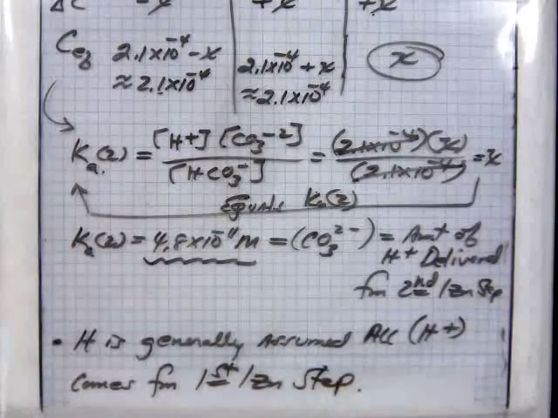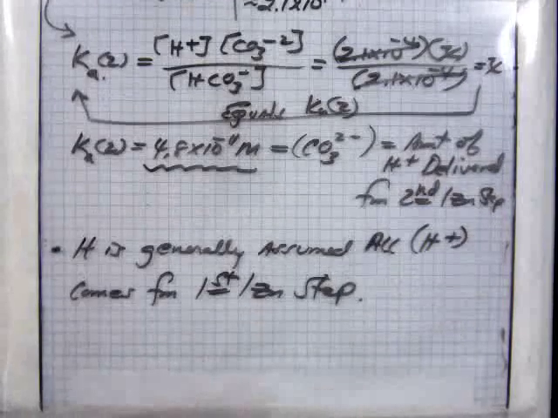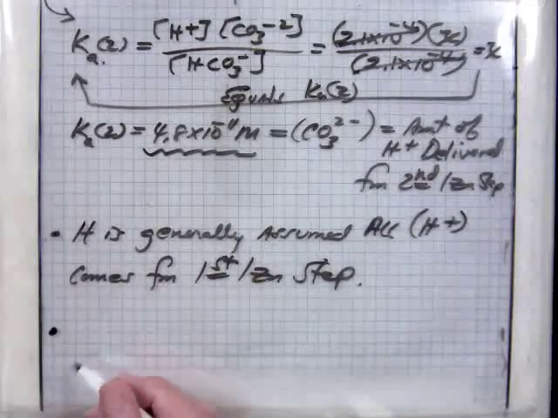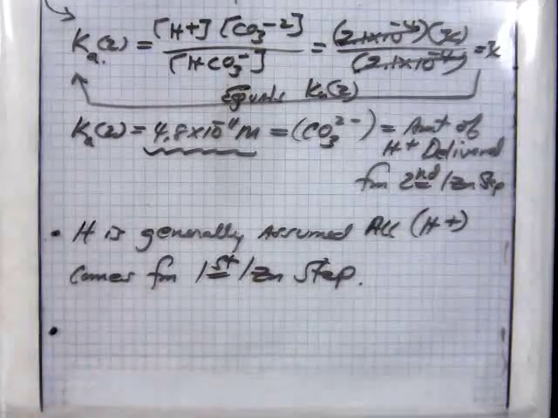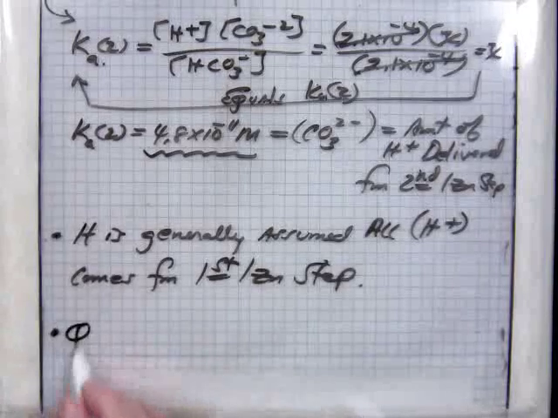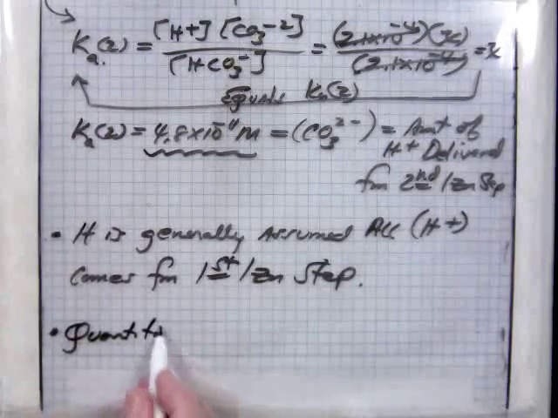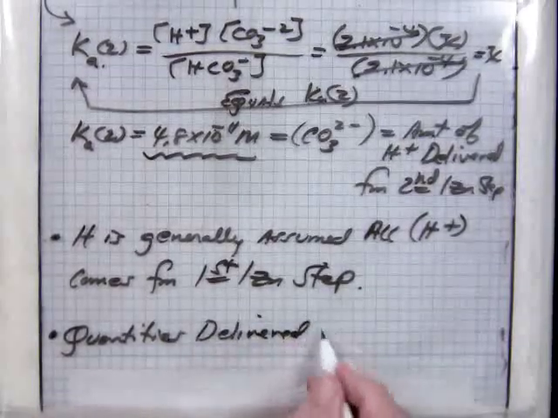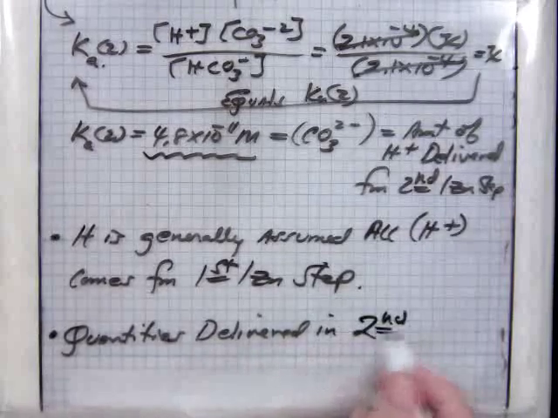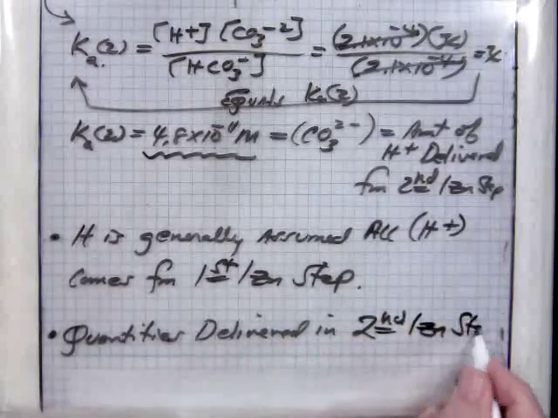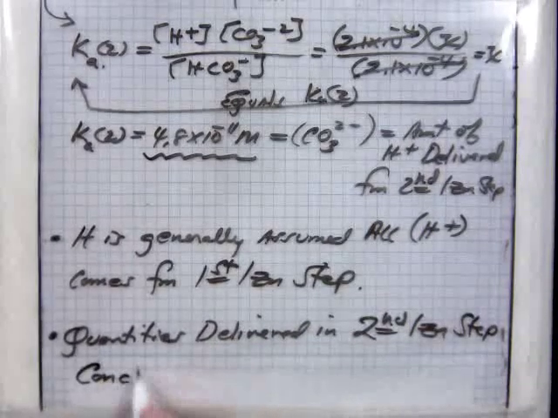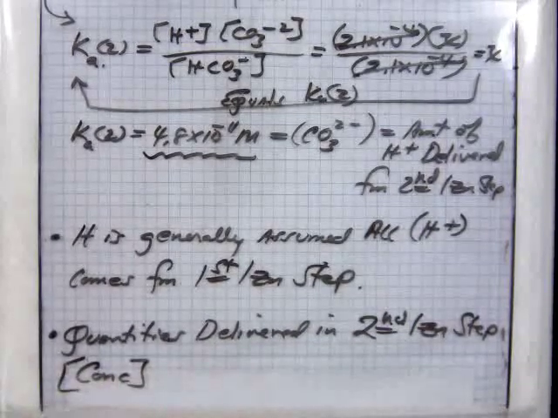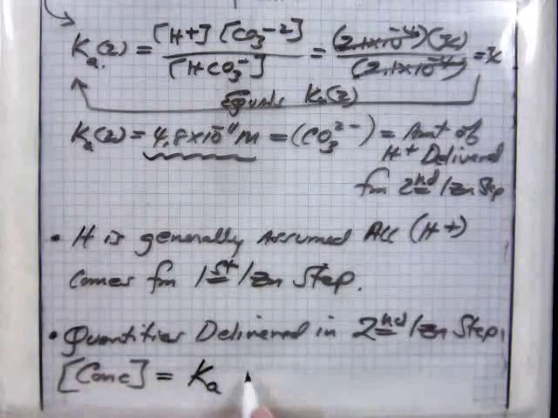Now I'm going to rework a second one here in a minute, and I'll show you how to condense all this stuff down. The second thing is, in the quantities delivered in the second ionization step, the molar concentrations of the cation and anion equal Ka2.